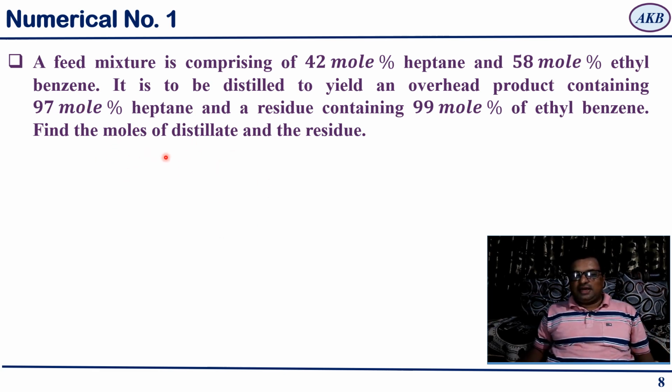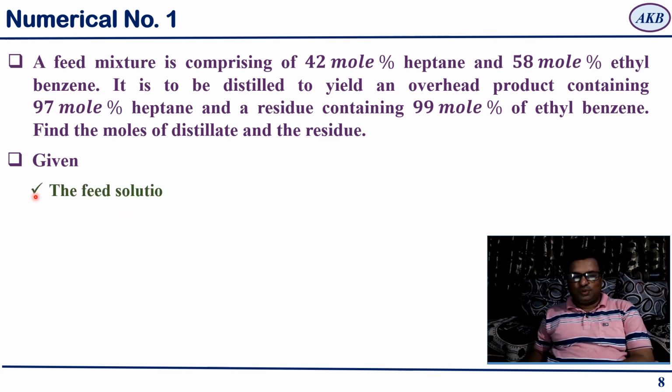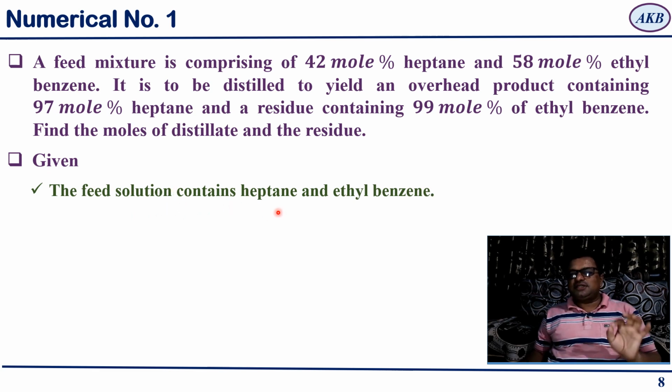Here we have to get moles of distillate and residue. Okay, so first of all, let us write down the given things. What is given to us? The feed solution is given, and the feed solution is containing two components. So it is a simple binary liquid solution. There are two components. Which are these two components? One is heptane and the other one is ethyl benzene.